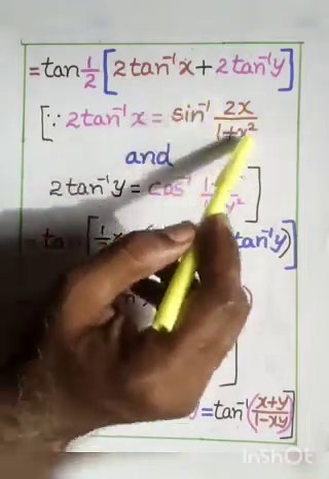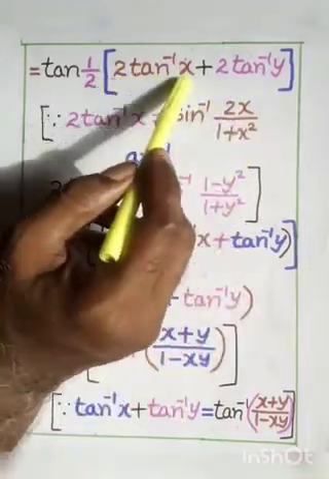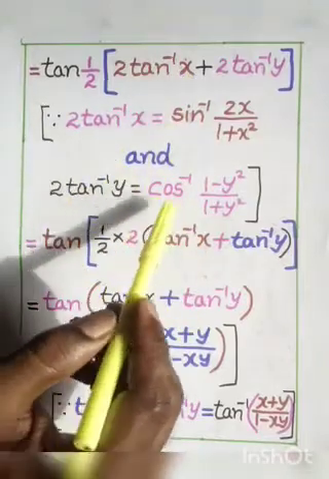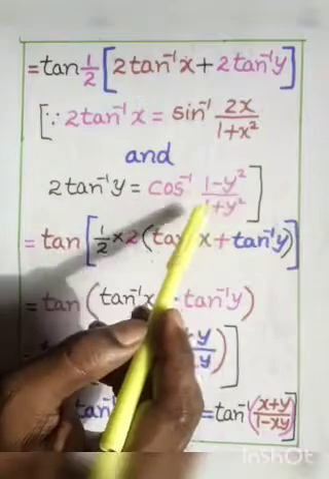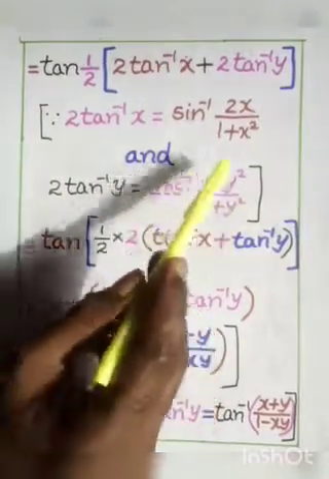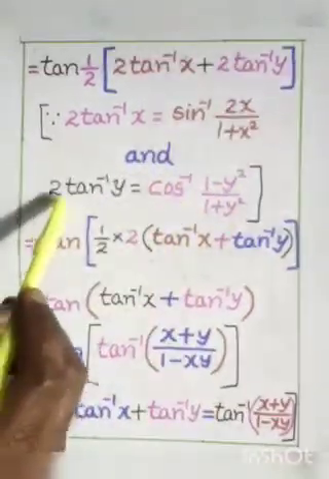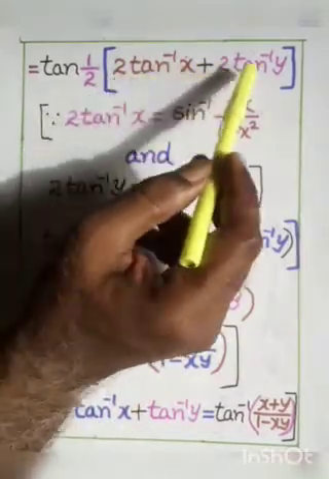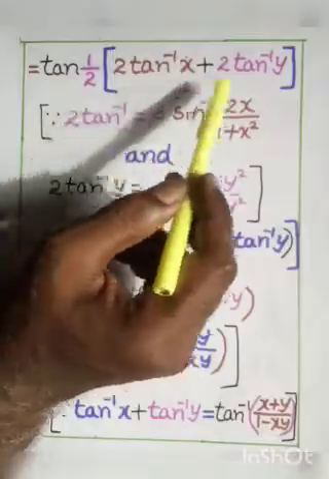So instead of this first term, we can write 2 tan inverse x. Similarly, instead of the second term, what is the second term? Cos inverse of 1 minus y square by 1 plus y square. Instead of this term, we can write 2 tan inverse y. That is why we are writing these two terms. Understood this step, my dear children?